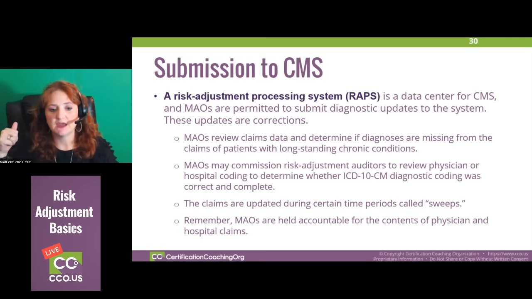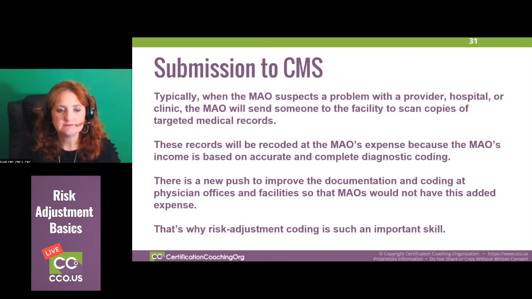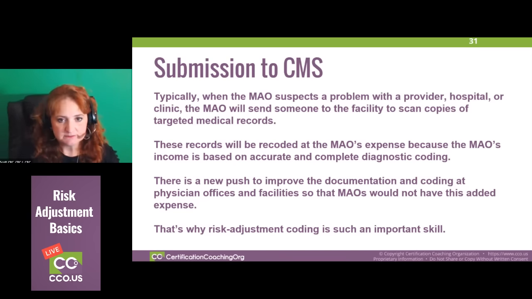So you never want to mess with an MAO. But they are very good about giving you incentives and training, lots and lots of training, because it behooves them to do that. So whether you work for an MAO or you work for a physician or a facility, your role as a risk adjustment coder can be many hats, but ultimately you need to know the chain.